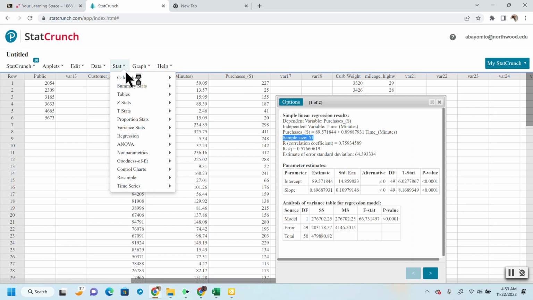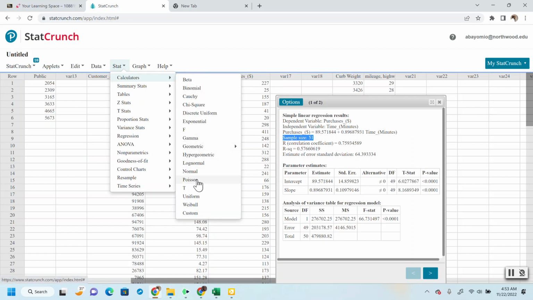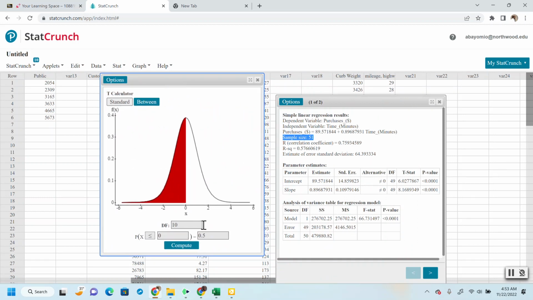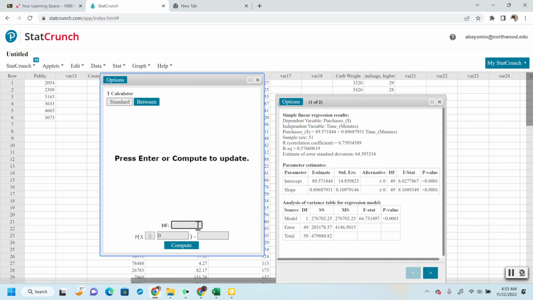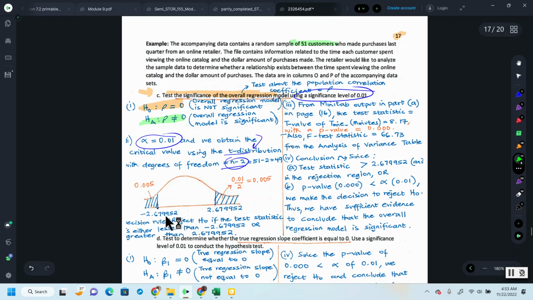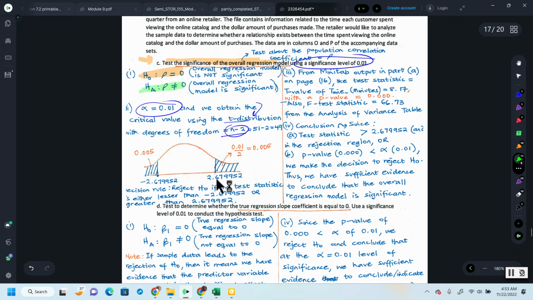So go back to Stat, Calculators, go to the T calculator, and key in 49 and key in 0.005 and compute. So you have the negative value here for the critical value, negative 2.679. Okay, so I'm going to take that back right here, and the negative value goes here to the left, and the positive value goes to the right.